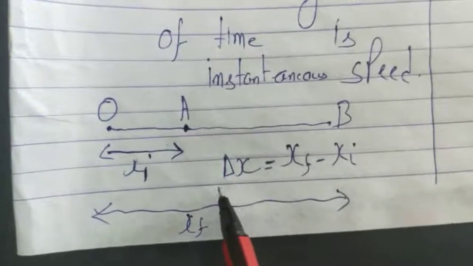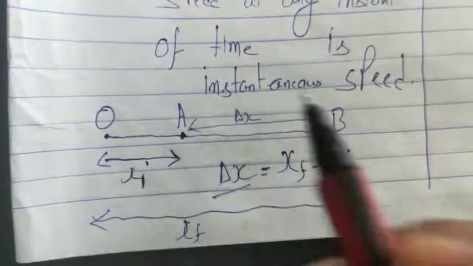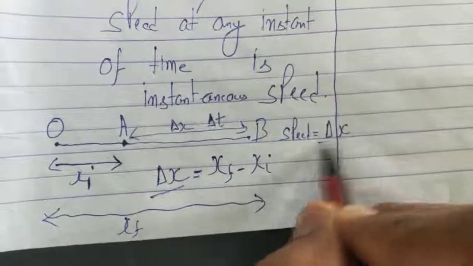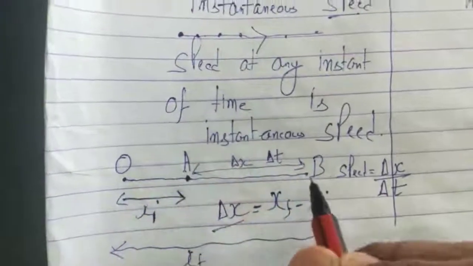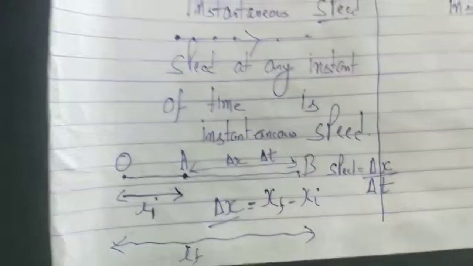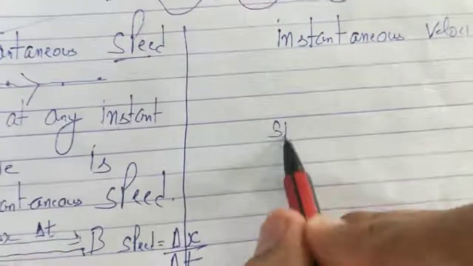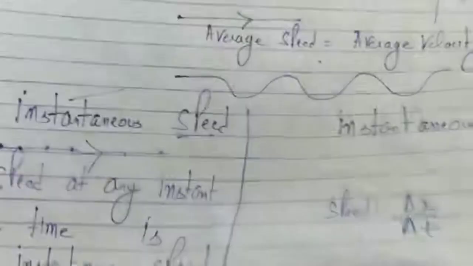Suppose this body has covered this delta x in time delta t, then the speed will be distance covered upon time taken. Suppose the time is 5 seconds and after that 10 seconds, 10 minus 5 is equal to 5. So the formula of speed is delta x upon delta t.